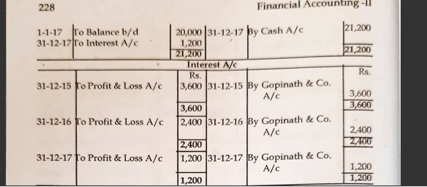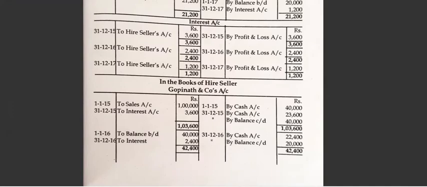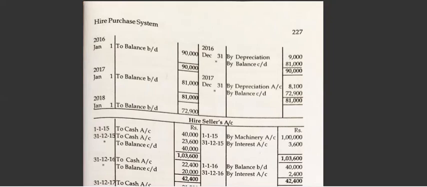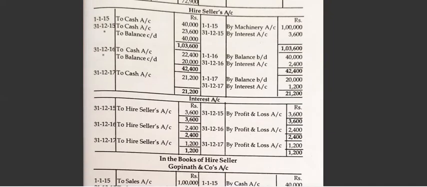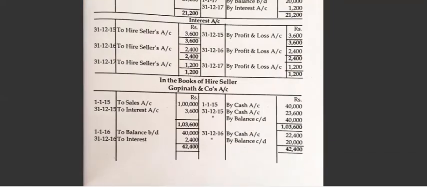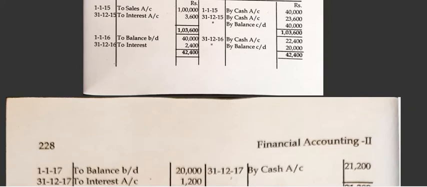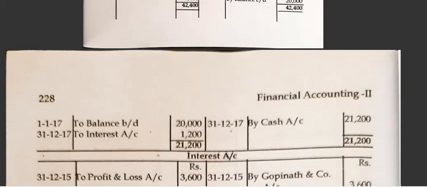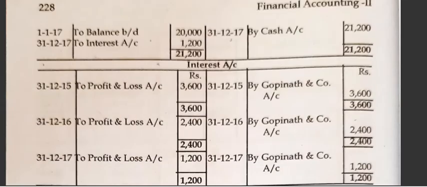Total will be the same. Then again write the third year interest, 1,200. So write there 1,200 interest, transfer to profit and loss account and close this account.